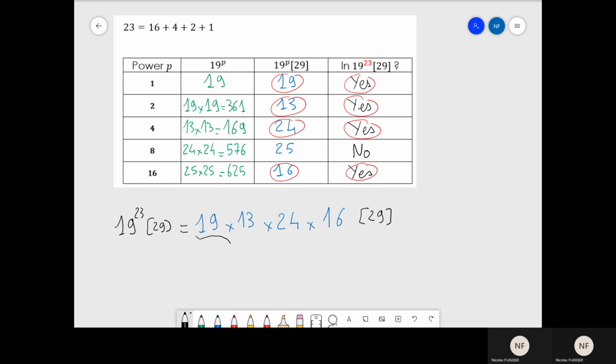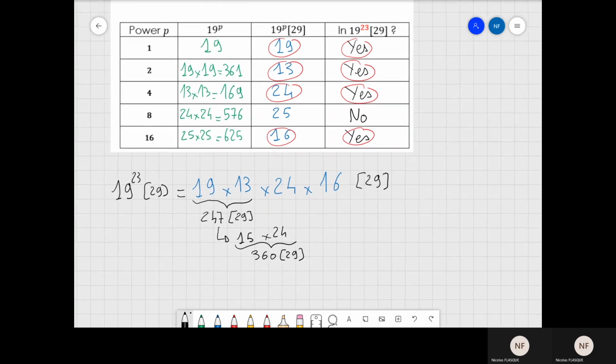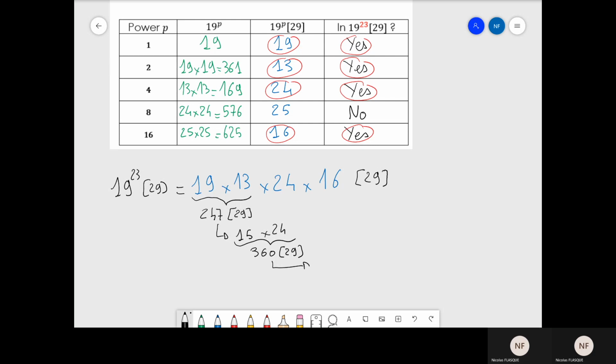So in order to get the results, 19 times 13 is 247, to which we apply modulo 29, which gives us 15. 15 times 24 is 360, to which we apply modulo 29, which gives us 12.